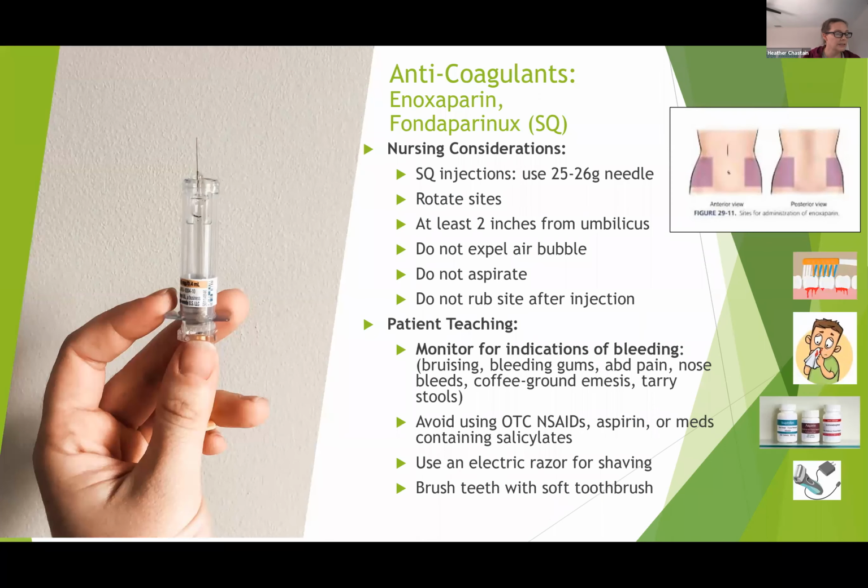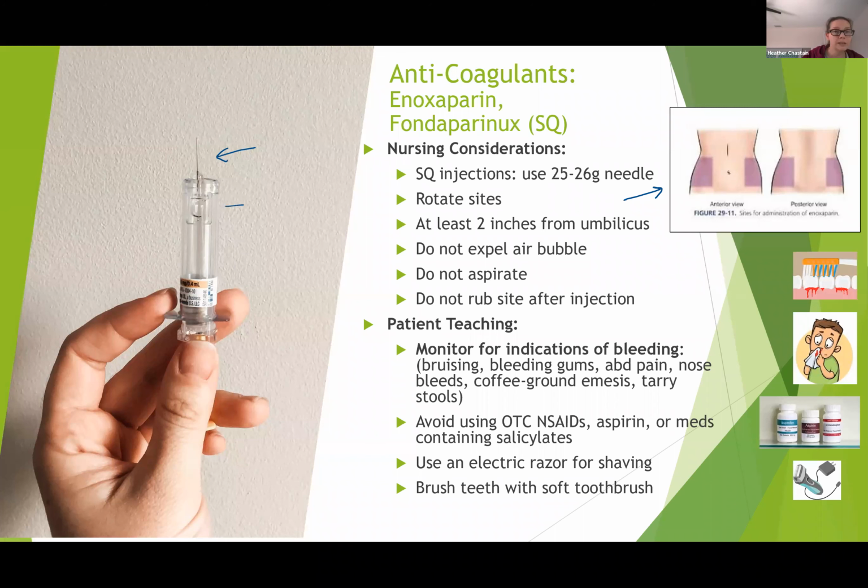Okay, so nursing considerations. For sub-Q injections use a 25 to 26 gauge needle. Again, really nice and small. And we're going to rotate sites. The areas shaded in purple are the sites where you can give it. Make sure you're at least 2 inches away from the umbilicus.